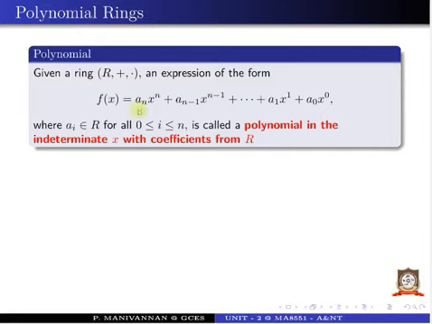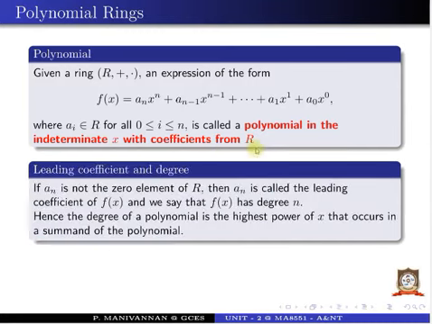f of x equal to a naught x power n plus a n minus 1 x power n minus 1 plus etc., where each a belongs to the ring R. Then f of x is called a polynomial in the indeterminate x with coefficients from R. What is the leading coefficient?